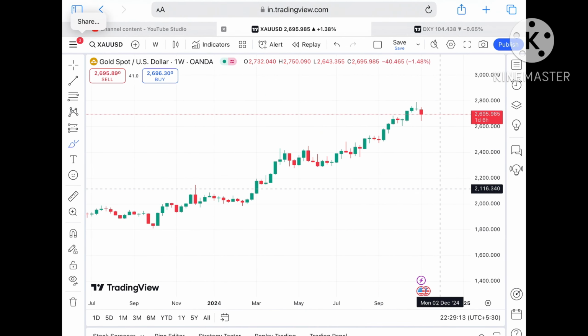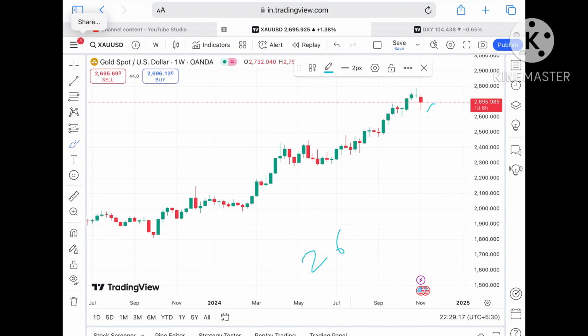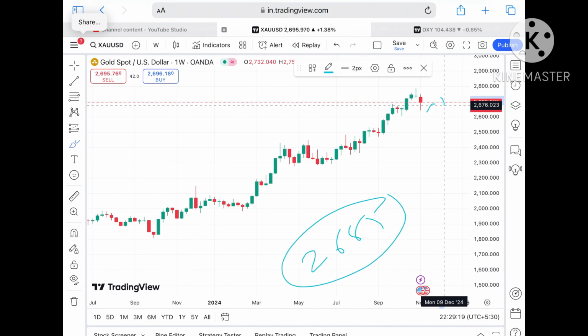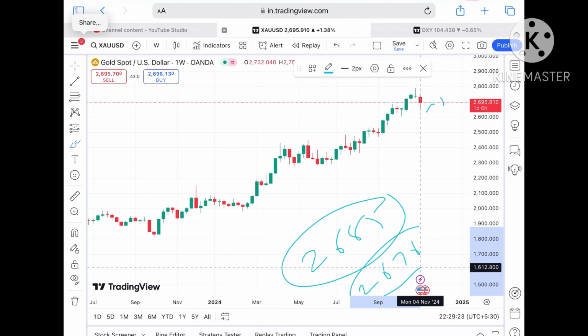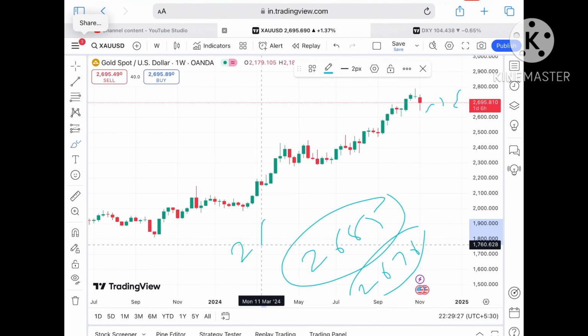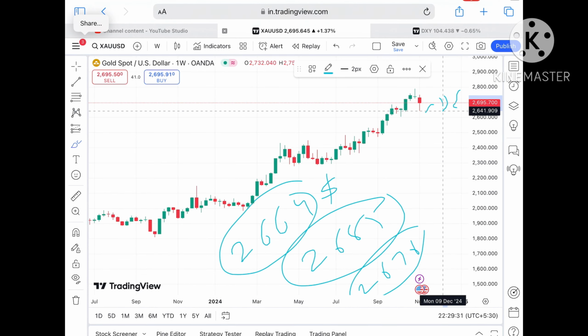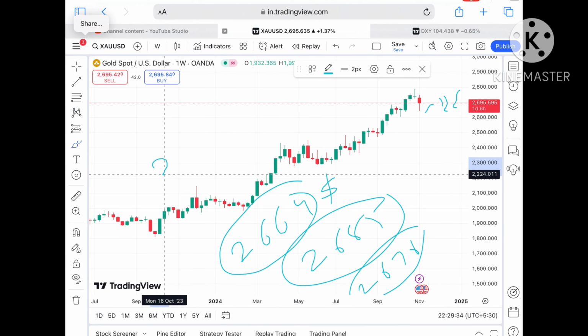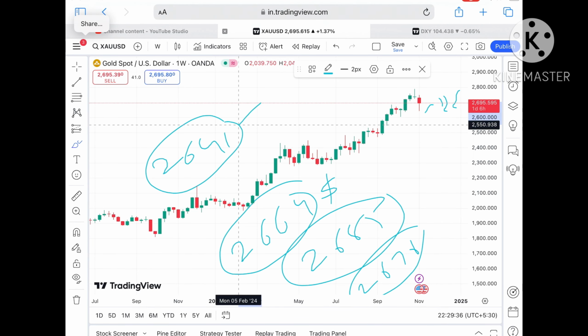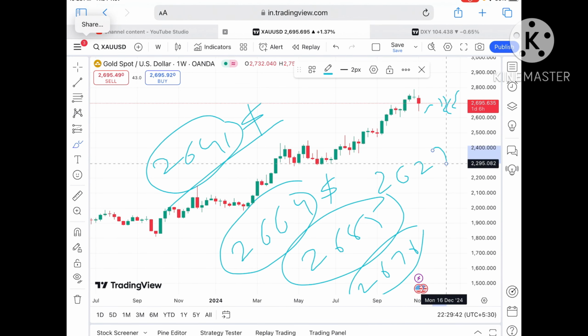Now if the price doesn't sustain, this is a strong level, around 2685. If the price starts falling below this level, we can see it going towards a level of 2676, and if it goes below that level, we can see a level of around 2664. Suppose the price goes below that level, there is a chance of touching a level of 2641, because this level has already been weak, so chances are high it can go towards a level of around 2627.